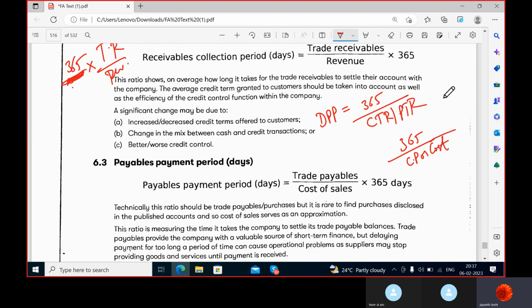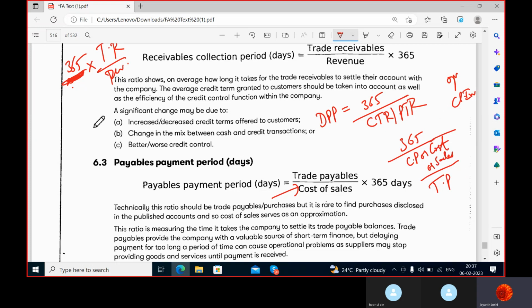That means if you don't have opening inventory or closing inventory, then whatever purchases you have done is equivalent to cost of sales, correct? Or cost of sales whole divided by trade payables. If you don't have 2 years figures, you can take a single year figure.